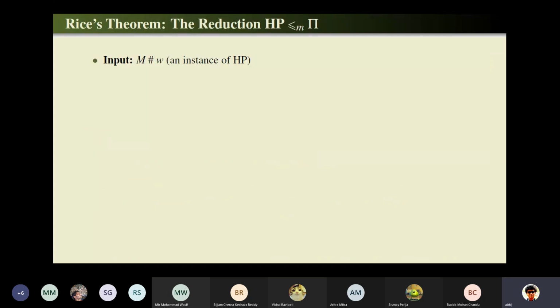So the input of this reduction algorithm is a pair of encodings, M and W. M is any Turing machine, W is an input for that. And output is a Turing machine N, such that if M halts on W, then that machine N satisfies this property.